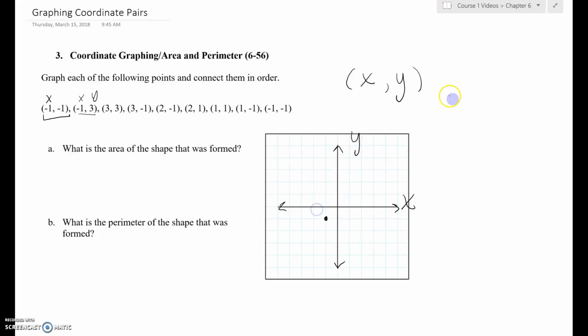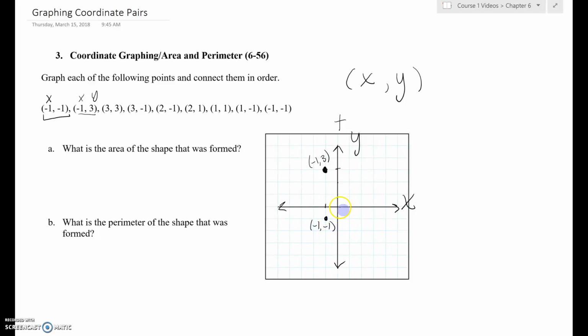Right there, there's -1 on the x, and then 3 on the y. So this is the positive y's. So 1, 2, 3. And where those 2 coordinates meet, that is the point -1, 3. And this is the point -1, -1.